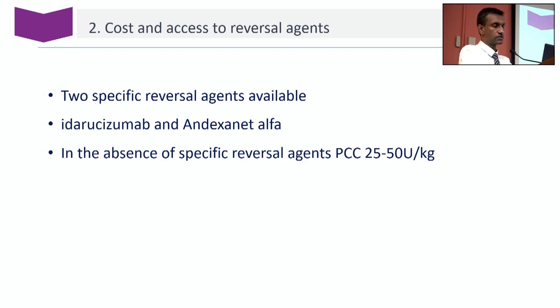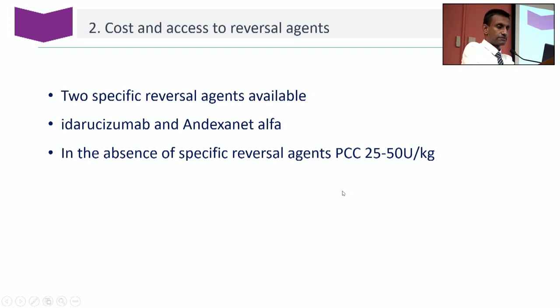One is idarucizumab, which is a monoclonal antibody against dabigatran, and andexanet alpha, which is another 10A molecule similar in structure to the DOAC. What it does is it will go and take over all the excretory sites of the 10A inhibitors so that your natural 10A levels will increase.